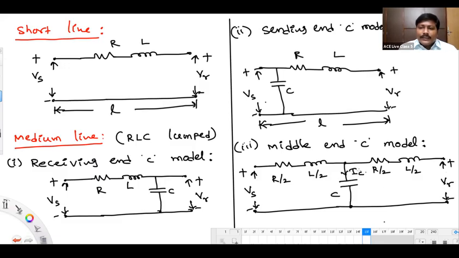This is the charging current IC, the charging current in the middle capacitor.